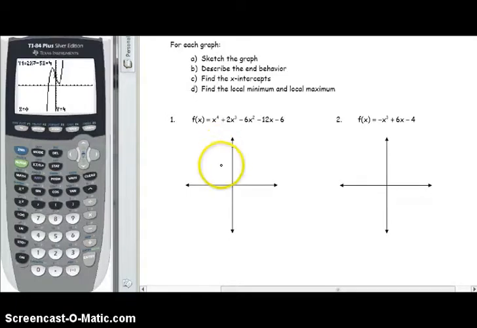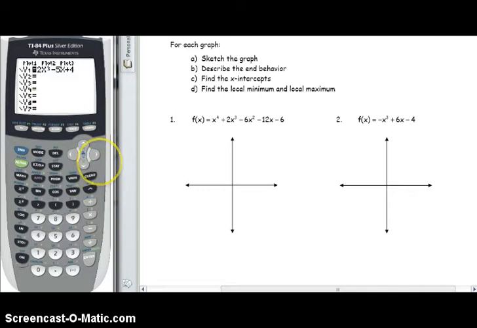So for this one, sketch the graph. Let's put that into our calculator. So we clear that out. And let's put this in: x to the 4th plus 2x cubed minus 6x squared minus 12x minus 6.